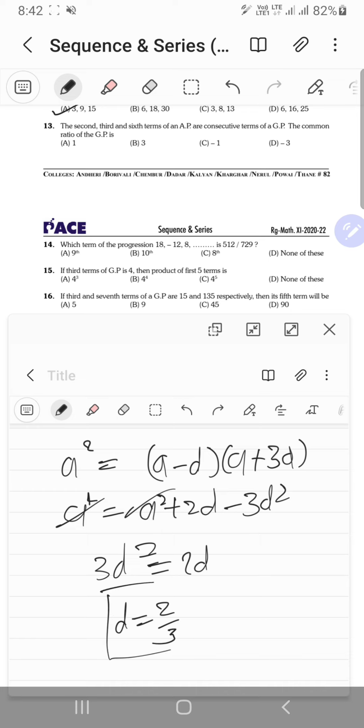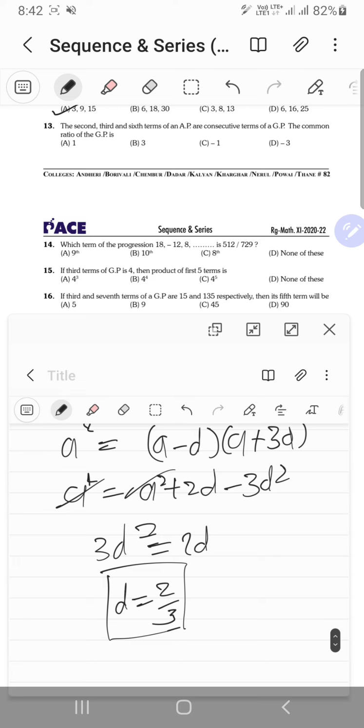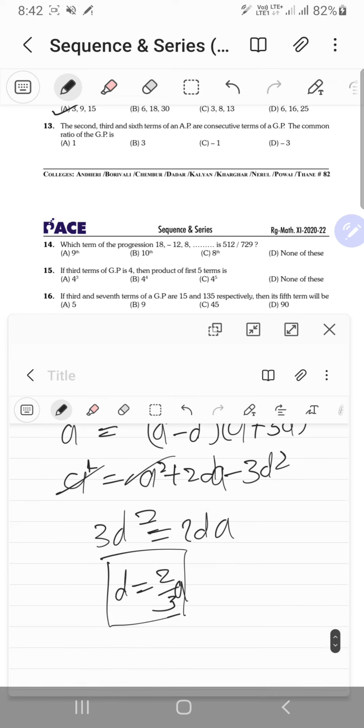Okay, we still don't know anything about a. But we do know the difference. Hey, maybe we messed up somewhere. Oh yeah, this should be a over there. So d is 2/3 of a.